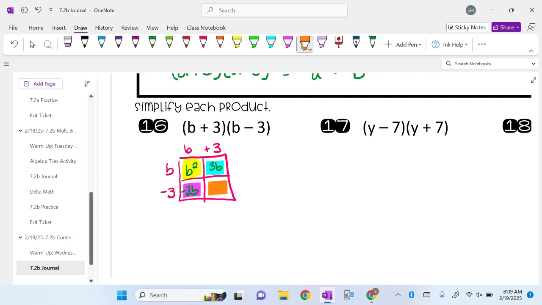And then finally, this one. Negative 9, because we're doing negative 3 times positive 3. Then if I bring everything out, I get b squared plus 3b minus 3b minus 9. Now, I would then combine like terms, which are right here. What happens?